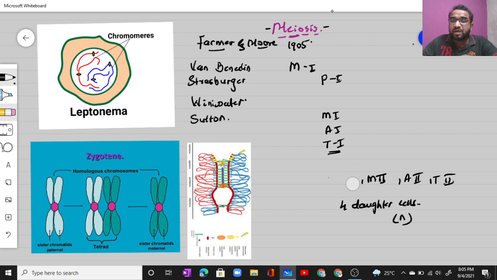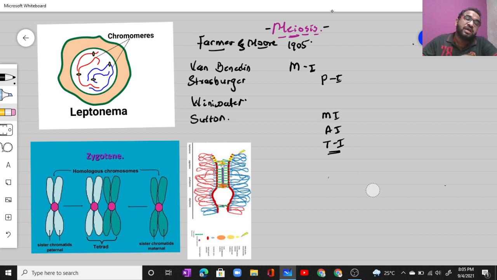Now coming back to the prophase 1, for our convenience to understand and to study and to write the answers, it is further divided so that it can be easier for us. Prophase 1 is divided as the leptotene stage. In some books it is given as leptonema.